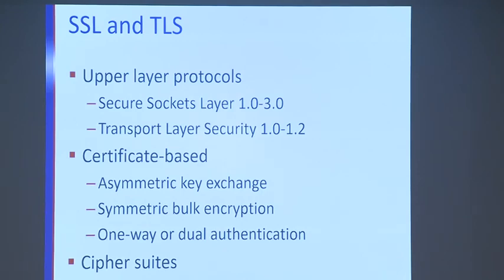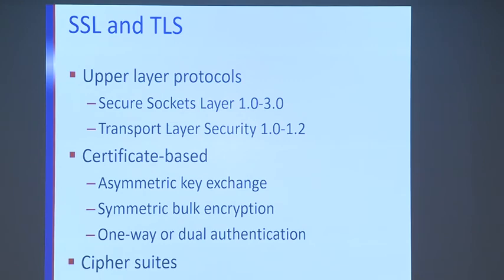We can do certificate-based encryption as well, so asymmetric key exchange. I can encrypt things at the application layer with my certificate. I can encrypt your data with your public key, and you can decrypt it with your private key, or I can encrypt it with my private key, and you can decrypt it with my public key, which means it came from me.